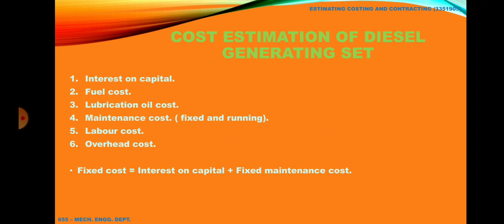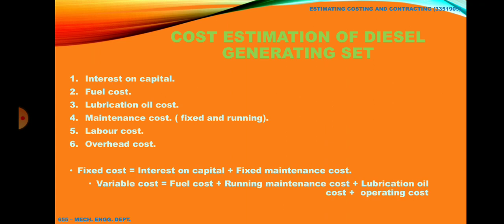Now, fixed cost equals interest on capital, which is fixed, and the fixed maintenance cost. And variable cost equals fuel cost, which varies, running maintenance, which also varies, lubricating oil cost, which also varies, and the operating cost.